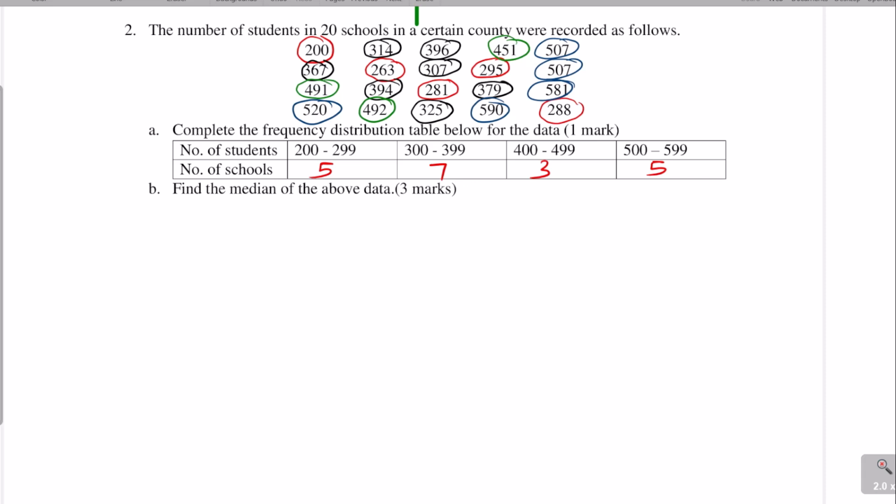After completing the frequency distribution table, we need to find the median of the above data. This one is grouped data, so we need to understand how we find the median of grouped data, and this is the formula that we use.